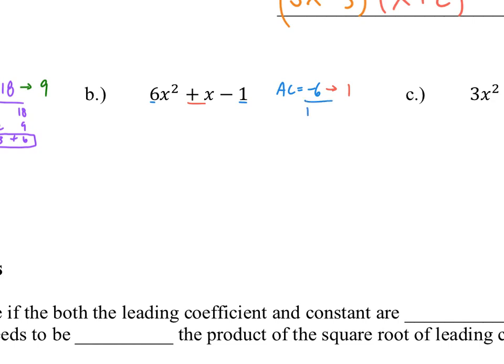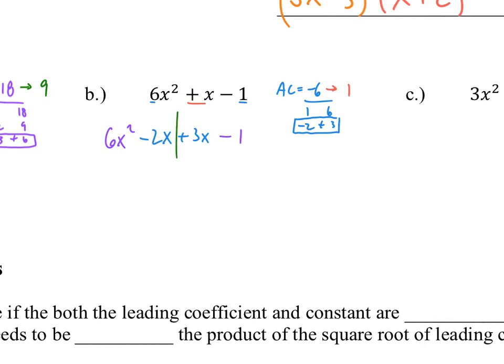Not a lot of ways to get 6: 1 times 6 and 2 times 3. Of course, 1 would come from negative 2 plus 3. So I'd have 6x squared, and again, I can take it anywhere I want. So I'm just going to put negative 2x and positive 3x, and then minus 1.